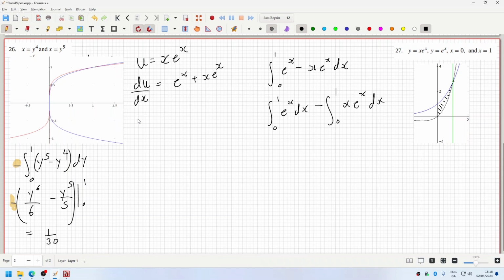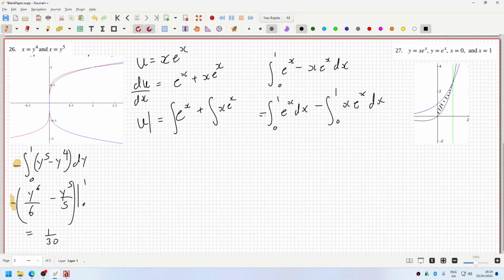So then that means u with the limits would equal e^x integrated with the limits plus x e^x integrated with the limits.